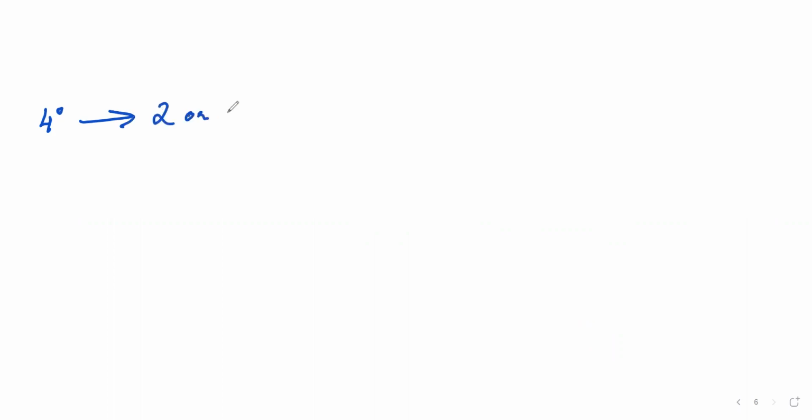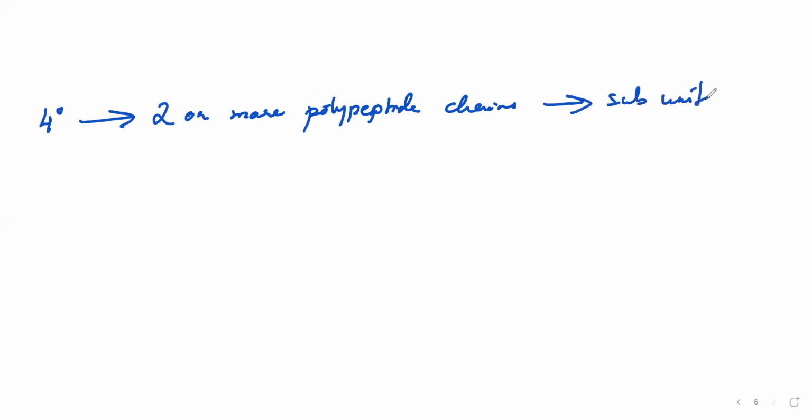So two or more polypeptide chains come together and form something called subunits. Whenever two or more polypeptide chains come together, they are known as subunits. And whenever there is a spatial arrangement of the subunits, we call it the quaternary structure.